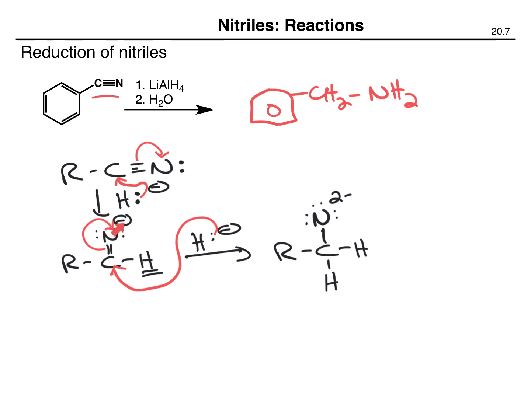So in these intermediates, this nitrogen is going to be complexed with some aluminum species, which makes this more reasonable.